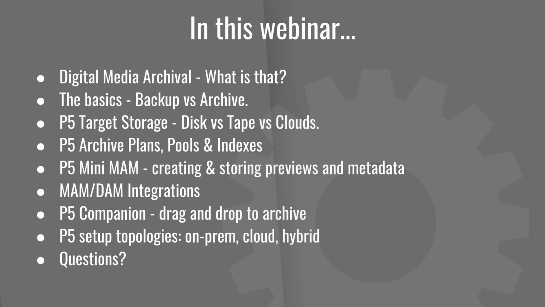These are things that use an API to talk to P5. Then we have the P5 Companion, which is a simple API-driven application that's part of the product, so you can run that on your Mac, Windows, and Linux desktops for drag and drop archiving. And finally, we'll end up with a little look at how you can set P5 up across cloud, on-premise, or a mixture of both. And then we'll take your questions at the end.